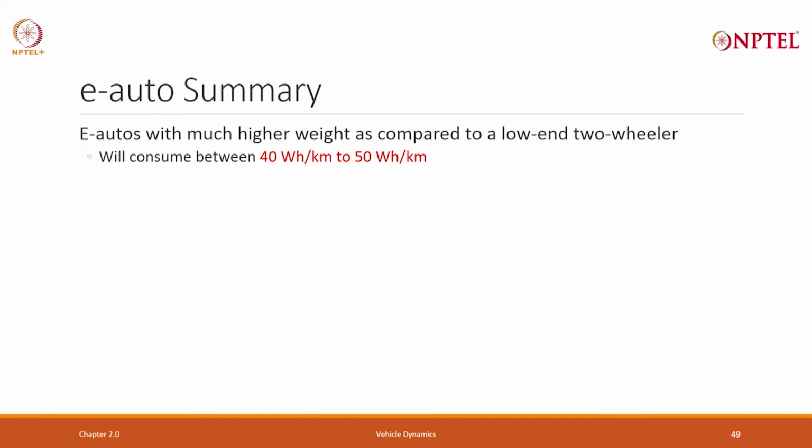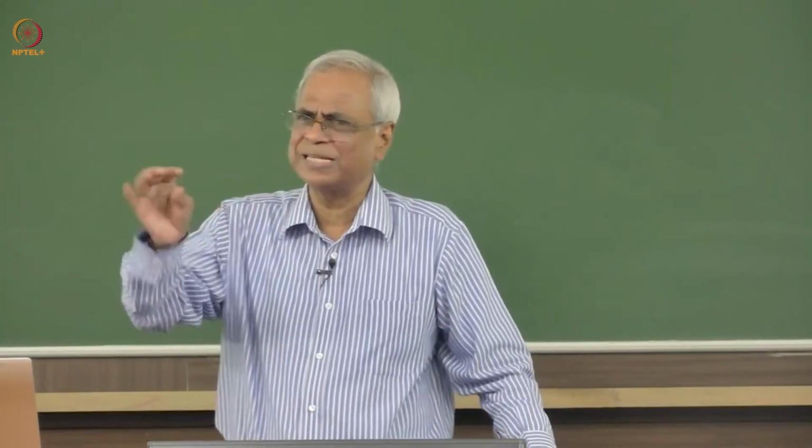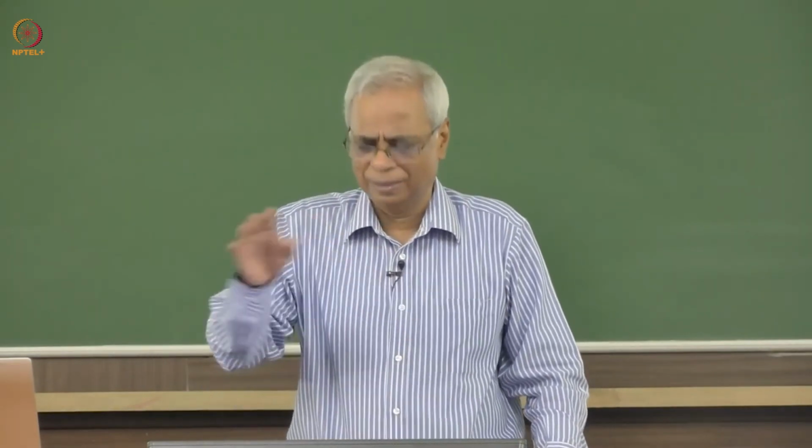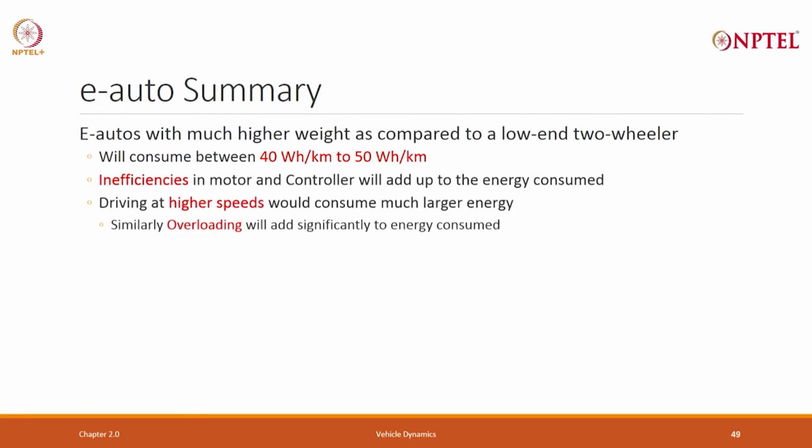Remember that 45 consumption is without lights on. If there is any such thing as lights etc. on, it is always extra, it is not counted as a standard thing. As I told you, inefficiency in motor control will add up the energy required. Driving at higher speed, you do not drive as per the drive cycle. If you drive at higher speed, you will consume more energy.